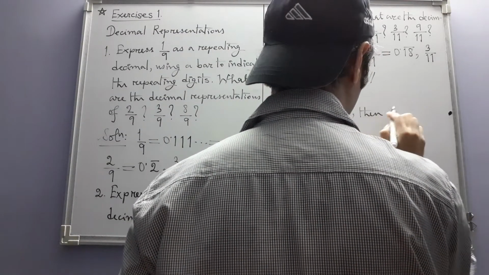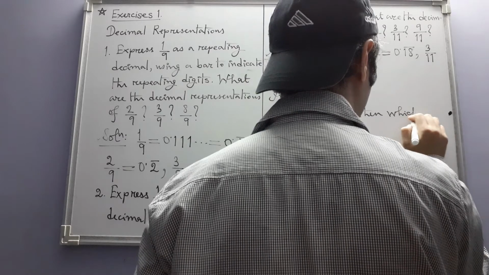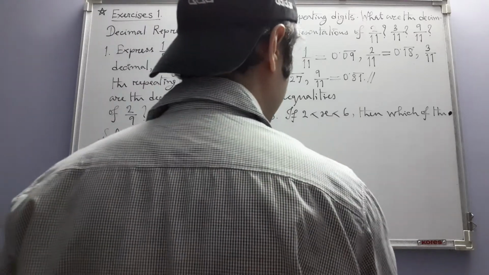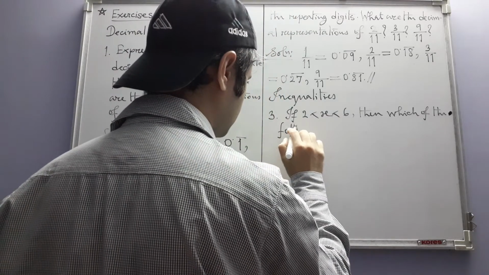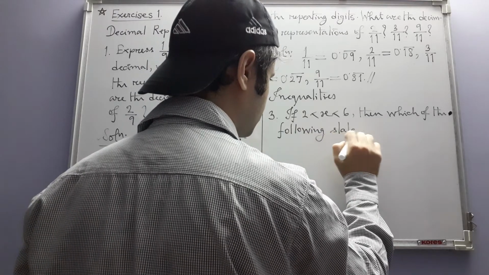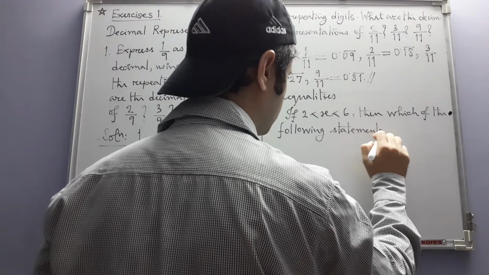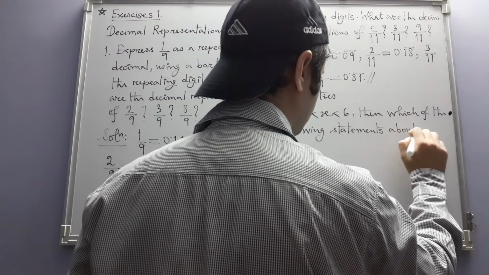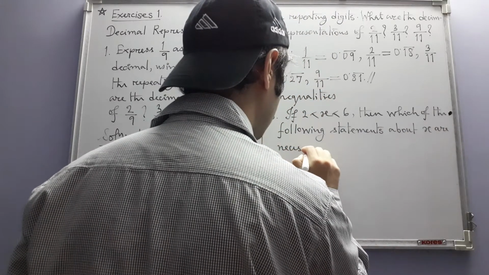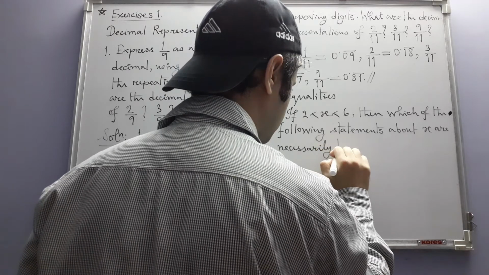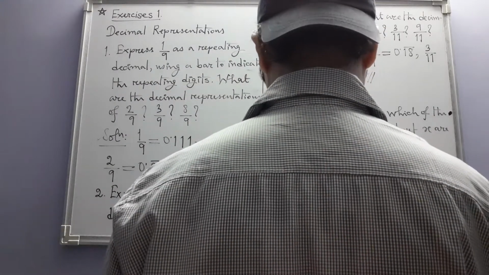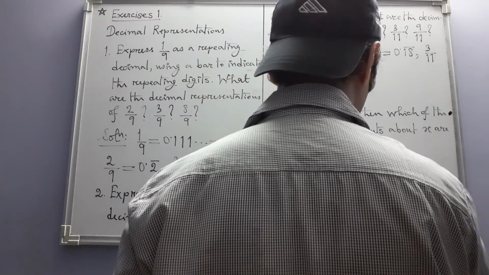Then which of the following statements about x are necessarily true and which are not necessarily true?